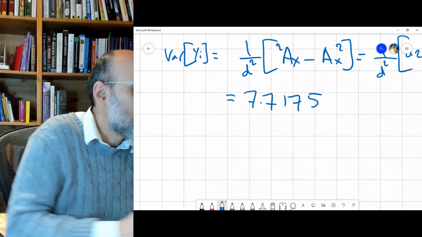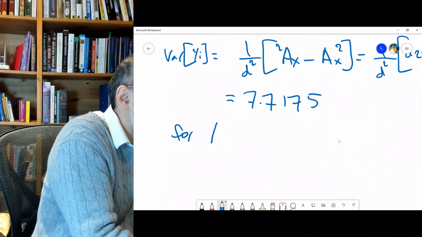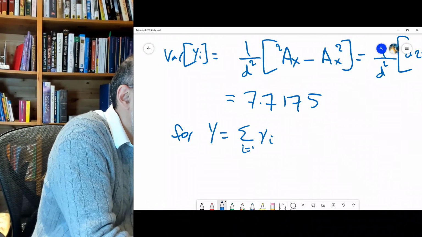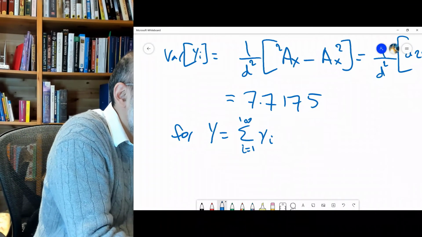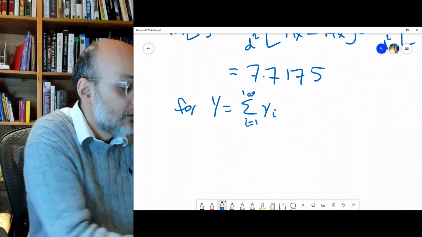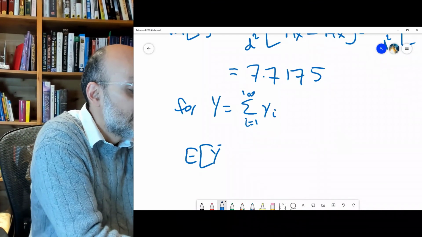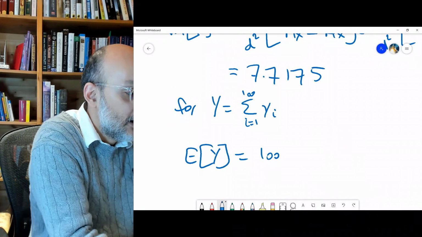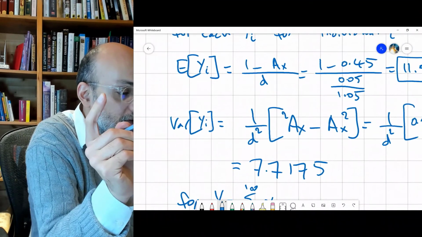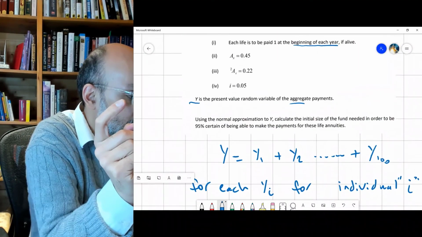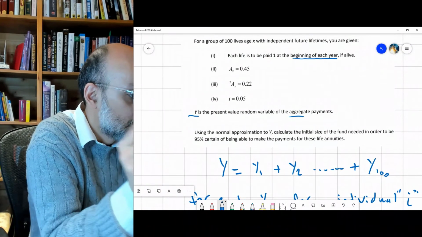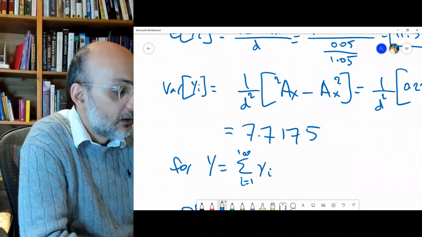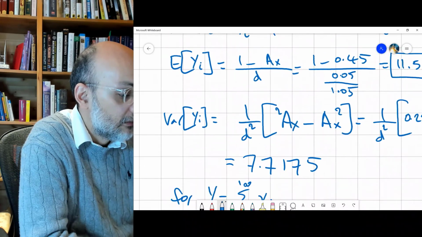But now we need the aggregate for Y, which is the summation of all the Yi's from Y1 to Y100. For the whole fund, the expected value of Y, the aggregate for everyone, will be 100 multiplied by the expected value of one individual, because these are independent lives, right? So we have 100 multiplied by 11.55.